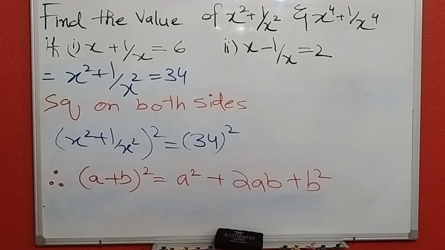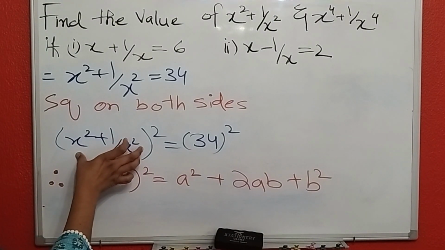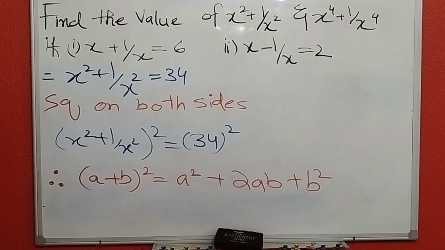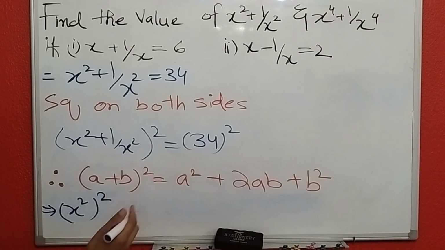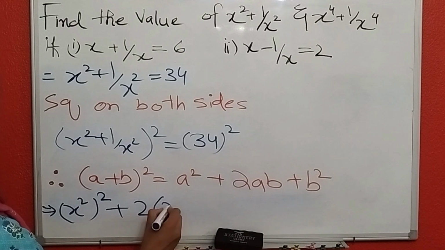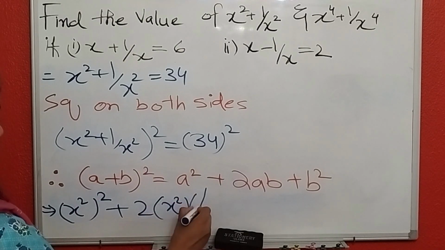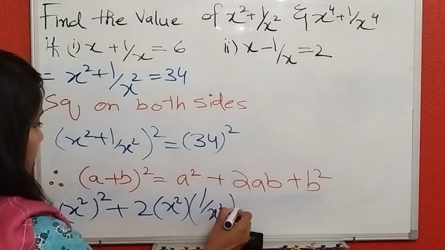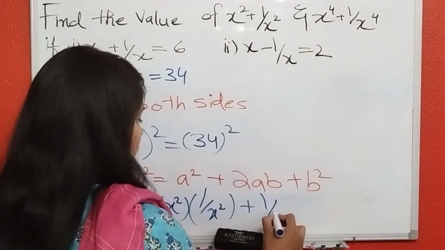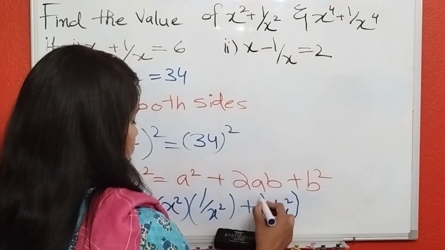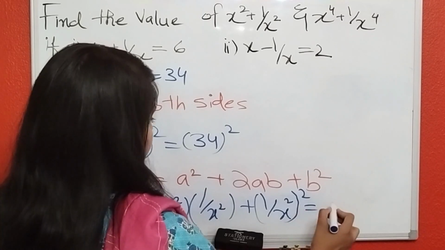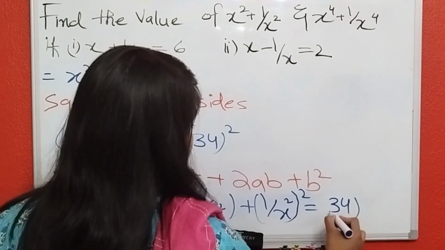Now I am going to open this bracket according to this: x square, then another square of the formula, plus 2 times x square times 1 over x square, plus the value of b, which is 1 over x square, another square, and 34 square.